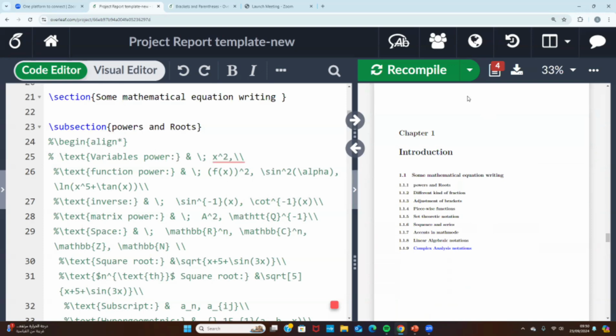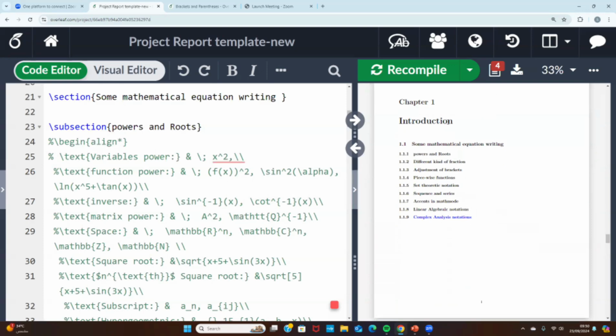on this side you will get the presentation of the outcome as a PDF, and this side will run the program. And as you know, mathematical expressions are written either in begin-line, or dollar signs, or the rectangular brackets. So here we list all the types of powers and roots.